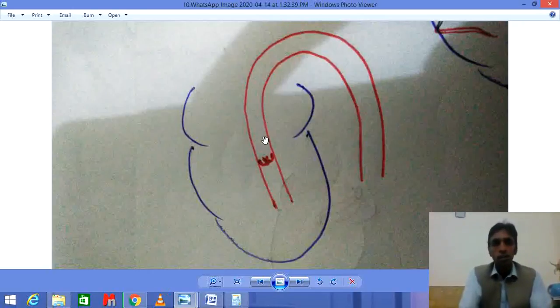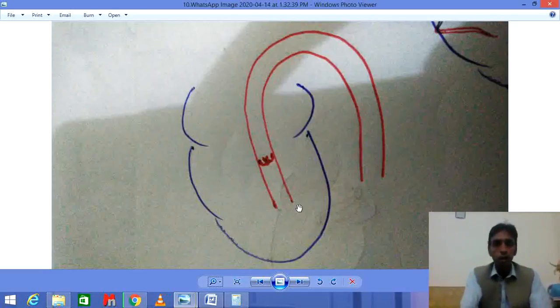Afterload is actually the pressure of blood in the aorta or the pulmonary trunk. That is the pressure needed to overcome, to pump the blood from the ventricle to the aorta or from the ventricle to the pulmonary trunk, which I have not drawn over here.